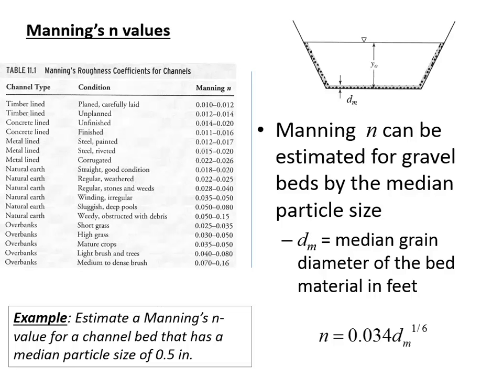And n could be estimated as 0.034 times the 0.04167 feet to the 1/6 power. This is 0.589, and so the n value would be 0.02 for a channel that had a median grain diameter of 1/2 an inch.